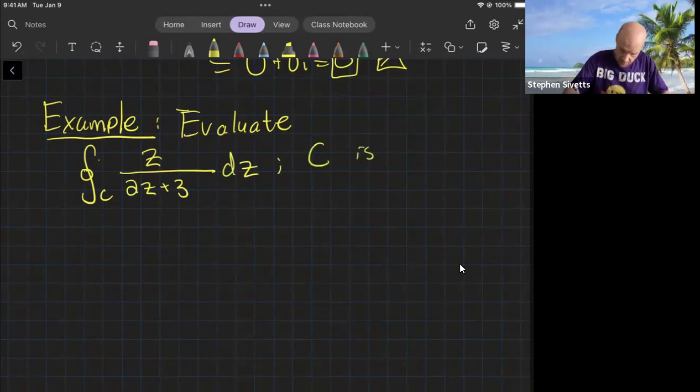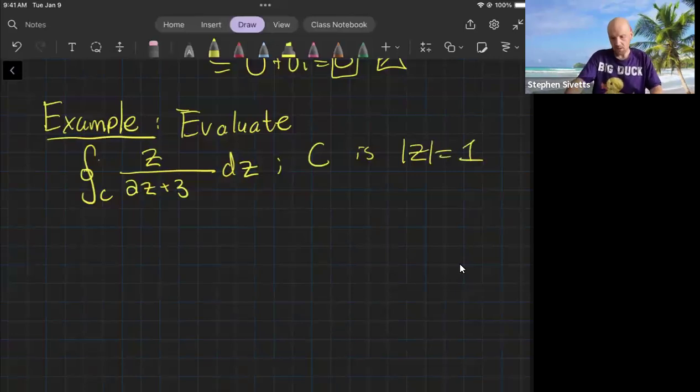The closed contour in this case is the circle of radius 1.